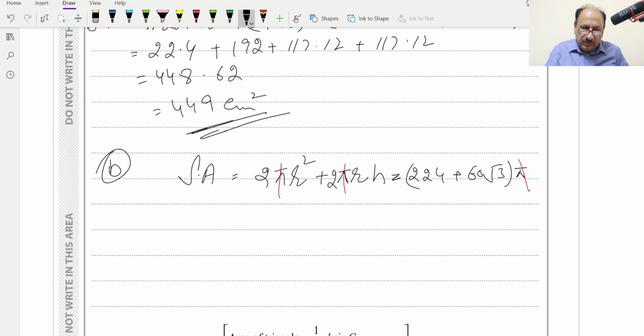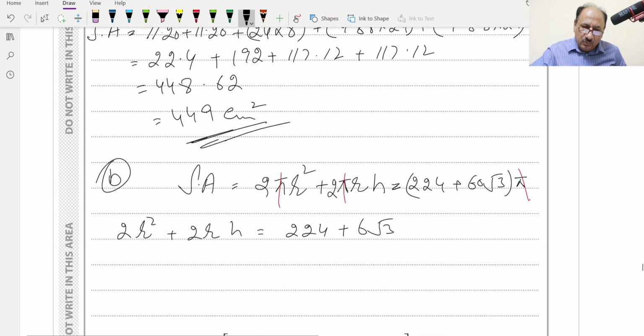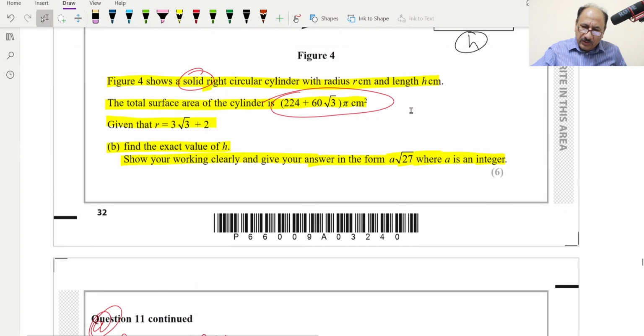And next step we can write over here, this will be 2r squared. So basically 2r squared plus 2r into h is equal to 224 plus 60 under root 3, and we can find the r value. We know the r value is also provided, which is 3 under root 3 plus 2.